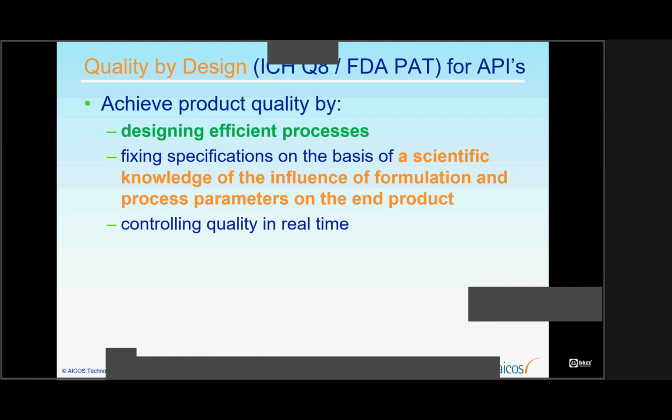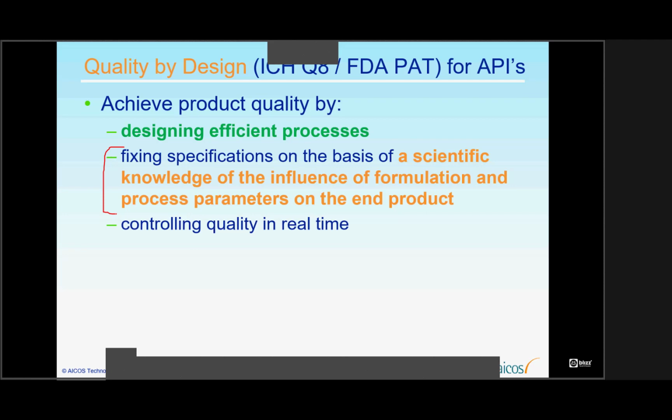And mainly what they say is that you have to put the specification, be it of the parameter or of the product attributes, based on a scientific understanding of the influence of the parameters and material attributes on the product quality, be it a formulated product or just a chemical product. And besides this, these regulations also say you should supervise the quality in real time as the product goes into production.